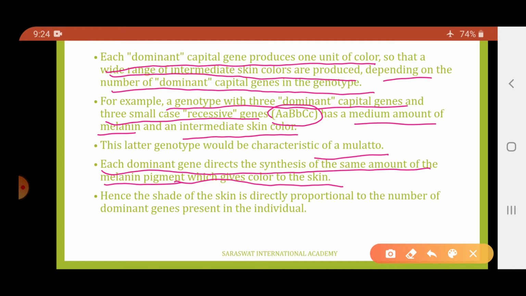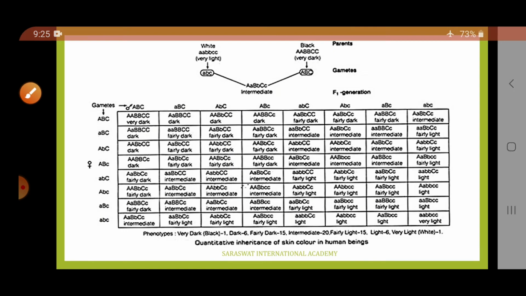Hence, the shade of the skin is directly proportional to the number of dominant genes present in the individual. More the number of dominant genes, the darker will be the shade of the skin.